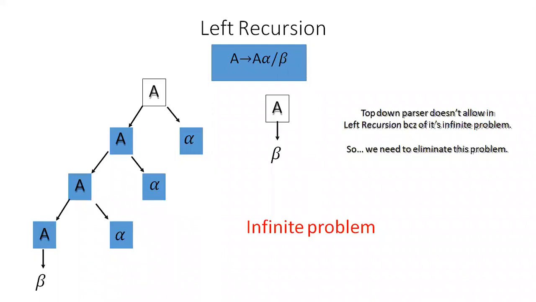How does the derivation representation look? Here A tends to is nothing but deriving the input in one or more steps. A is a non-terminal, and alpha denotes some input string.